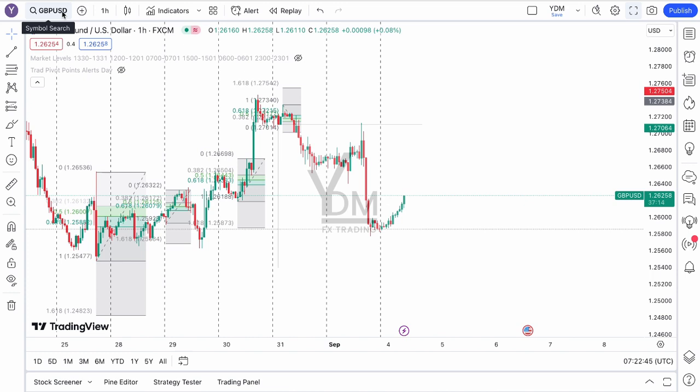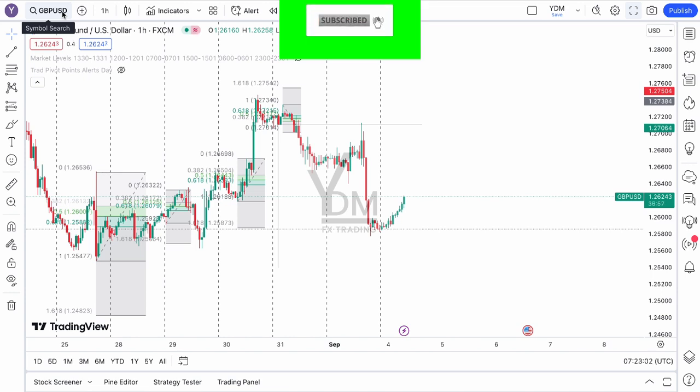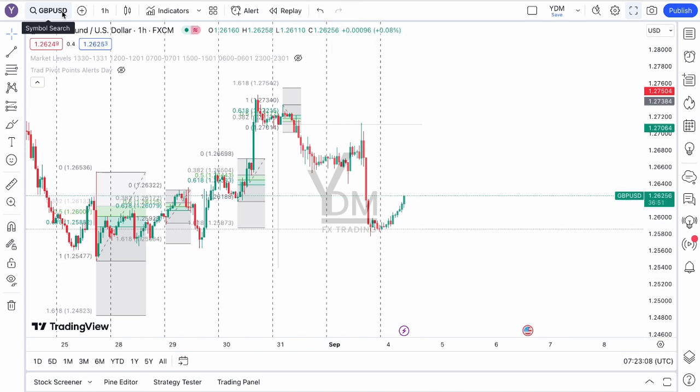If I'm seeing the same thing in about 2 to 3 related pairs, which is GBP USD, Euro USD, gold, that's XAU USD, and I also check the cross pairs, the likes of USD JPY, USD CAD, USD CHF, that's a combination of 6 different pairs, and out of the 6 I'm able to see 4 of those pairs telling me the same thing.